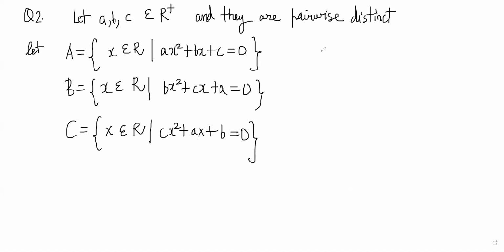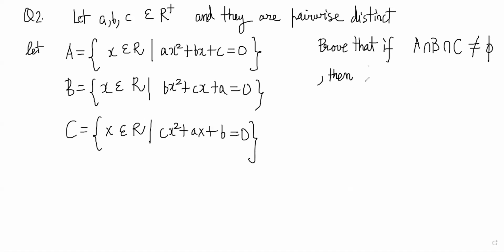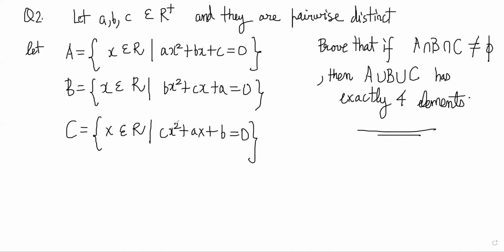Now, we have to prove that if A intersection B intersection C is not equal to null set, then A union B union C has exactly 4 elements. This is the question. First of all, you need to understand what the question means.